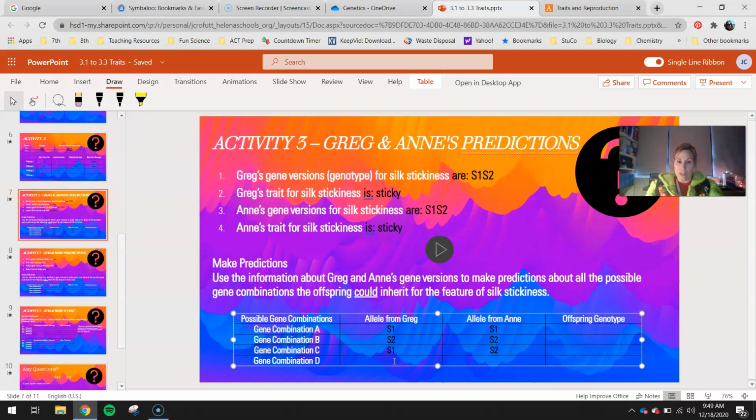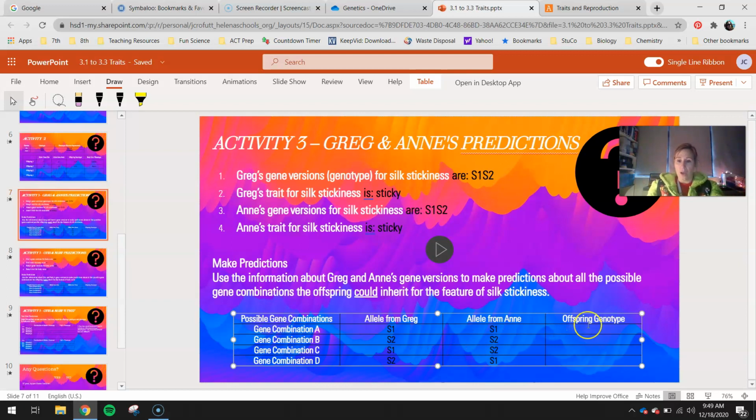Or Greg could pass down an S2, and instead of Anne passing down an S2 as well, she could pass down an S1. Okay, so we've basically combined and seen how many different combinations of these we can do. When we're talking about Punnett squares, this will make a little bit more sense to you guys.